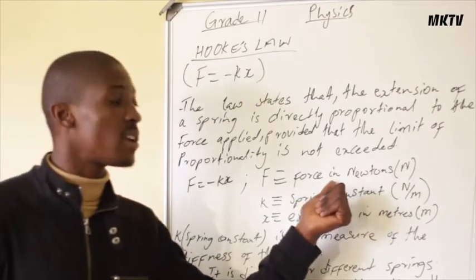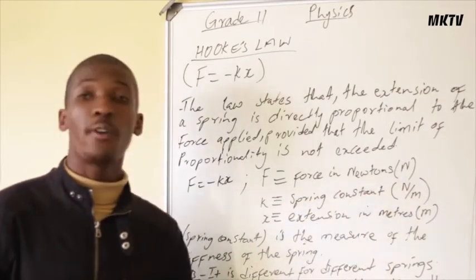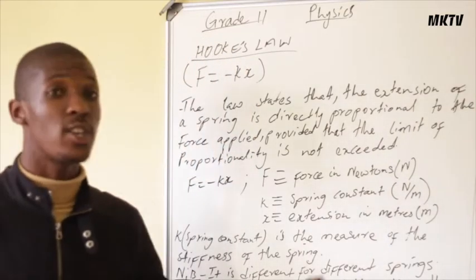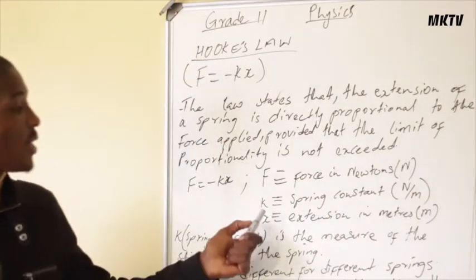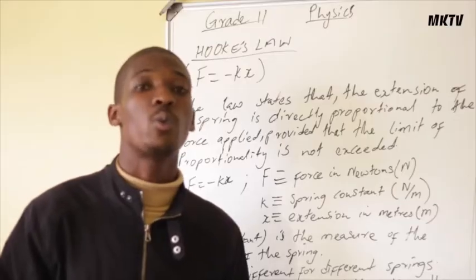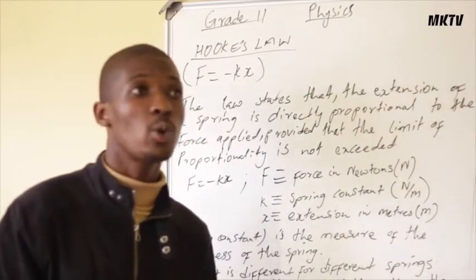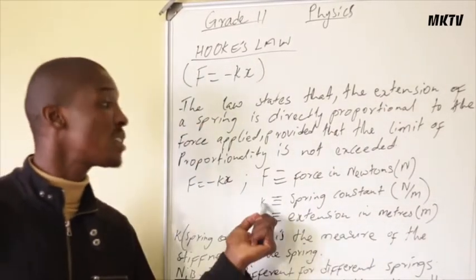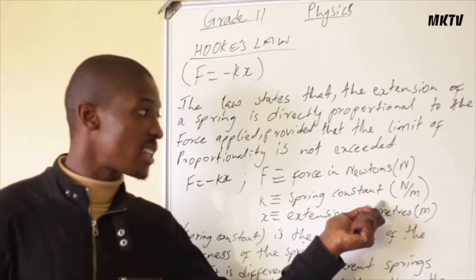The F stands for force. We know that the SI unit of force is the newton. Then we have the k. The k is the constant. This time we are going to study how the spring works, therefore the constant is the spring constant.